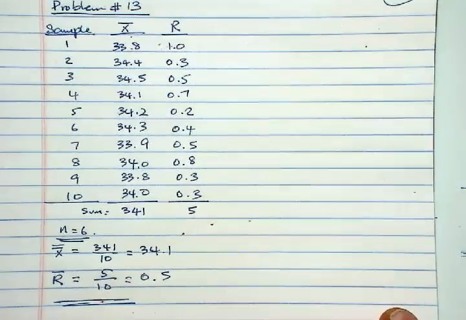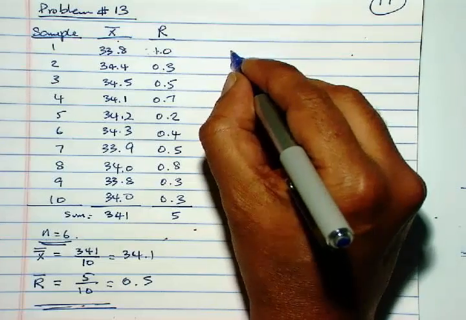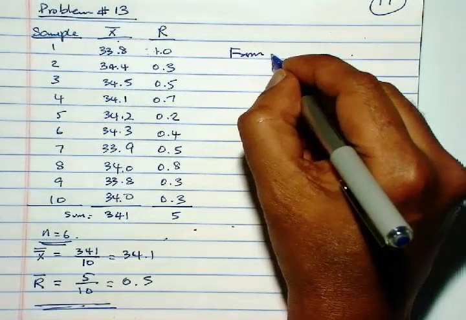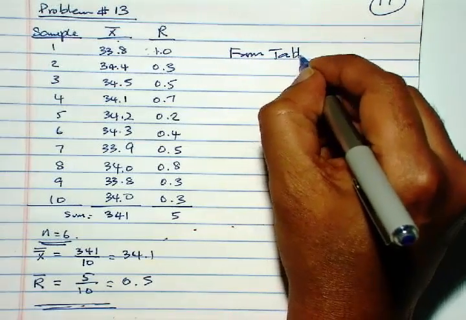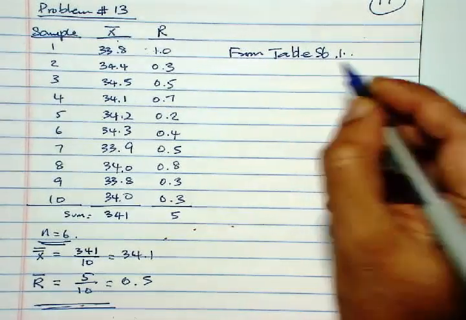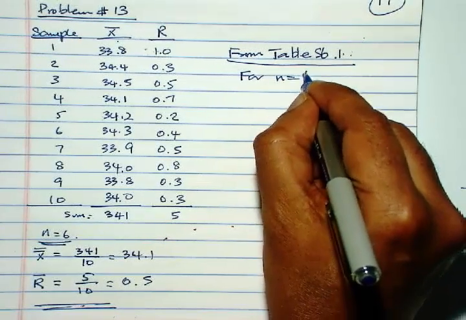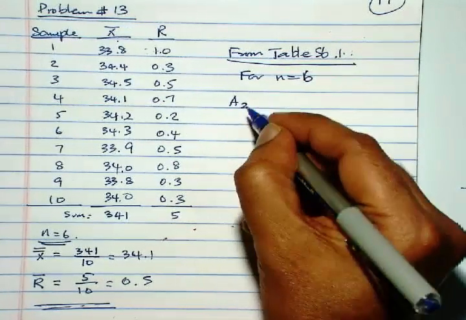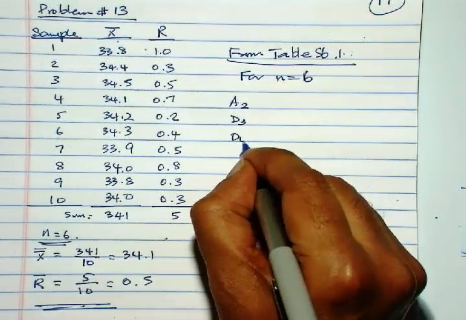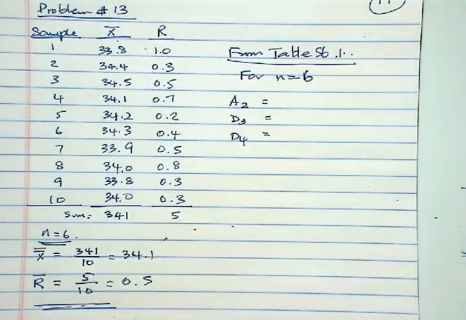Okay. Now to construct the control charts, we need, from table S6.1, for n equal to 6, the A sub 2, D sub 3 and D sub 4 values, and from that we can set up the control charts.